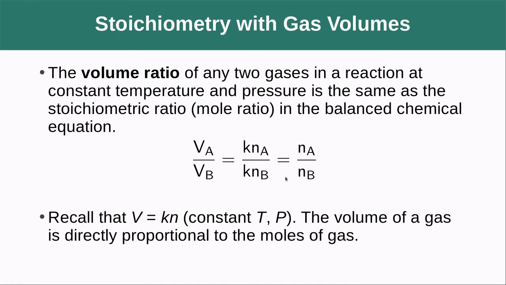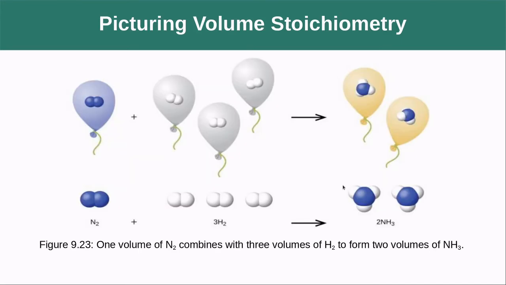If we cancel those K values, we can see that this is equivalent to the number of moles of A over the number of moles of B. Here we can picture how stoichiometry can work out. As we see here, before when we were looking at different molecules, we could just picture those as groups of atoms that were contained in little systems that move along.